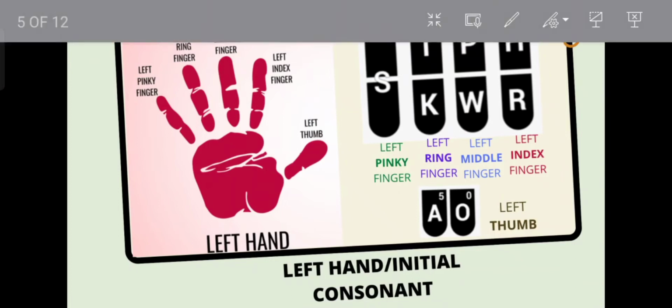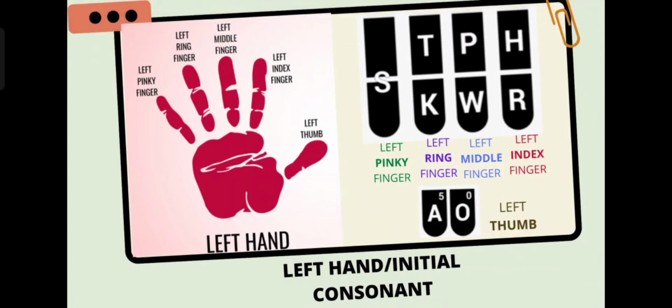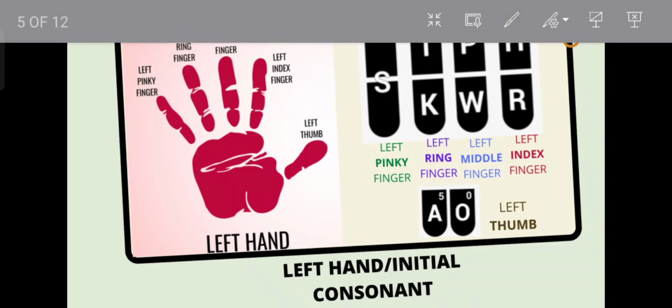For example, your left pinky finger is intended for letter S. The left ring finger is for T and K. The left middle finger is P and W. The left index finger is H and R. So separate your fingers there. And then the left thumb would be A and O. Here, this one is letter S.